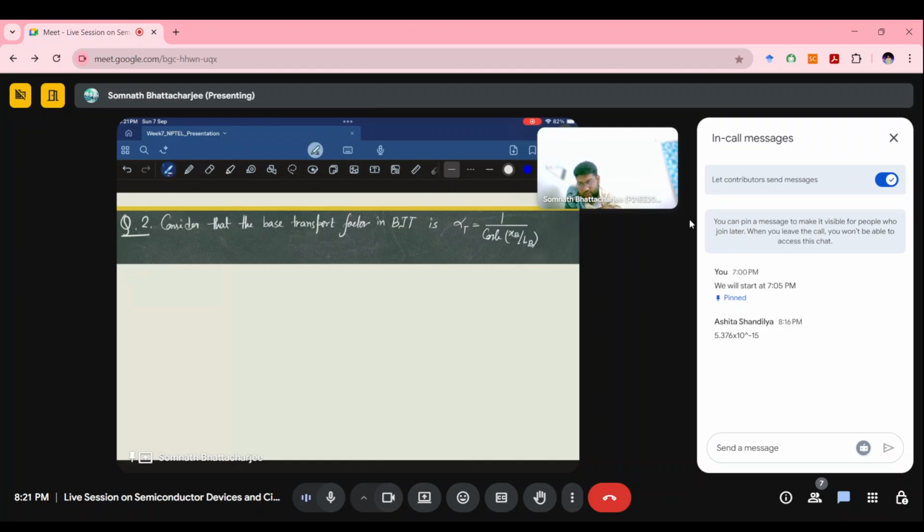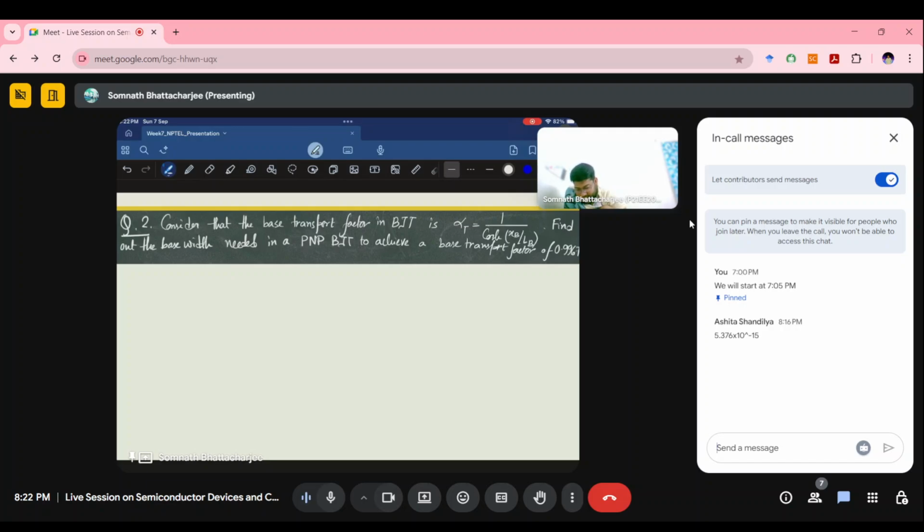Find out the base width needed in a PNP BJT to achieve a base transport factor of 0.9967.